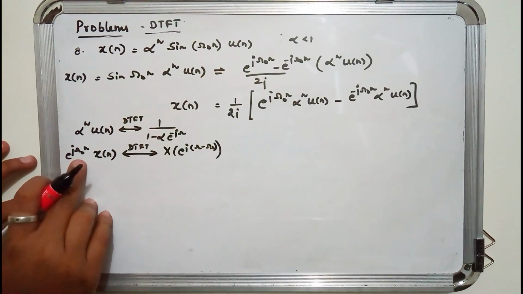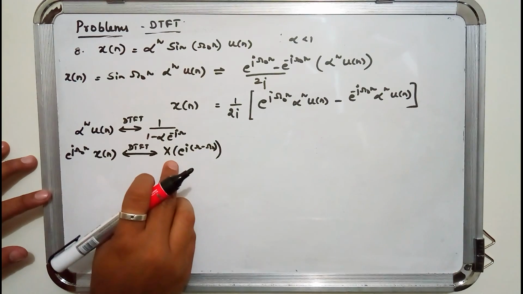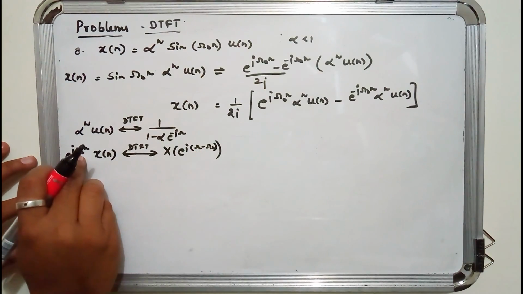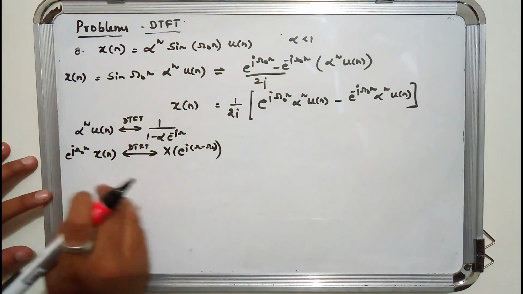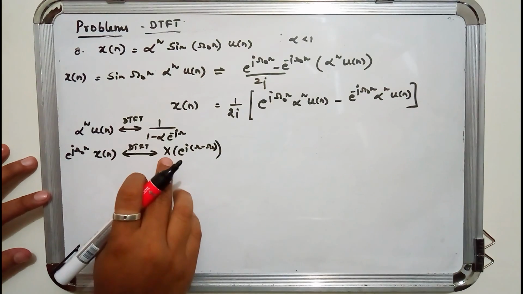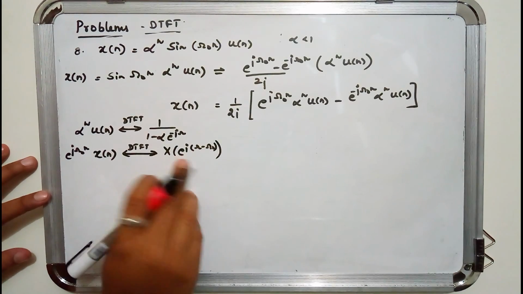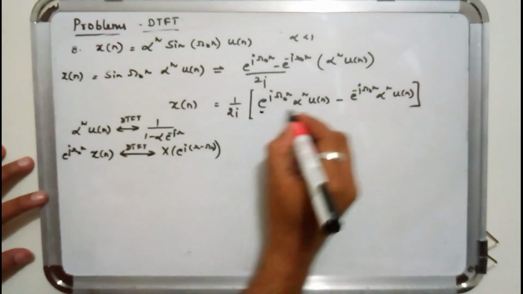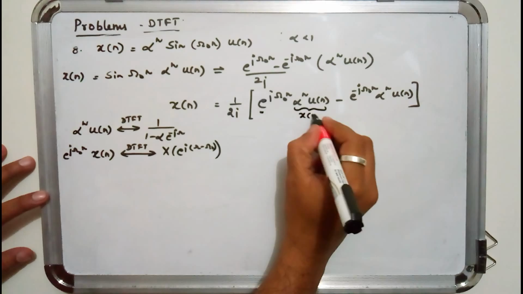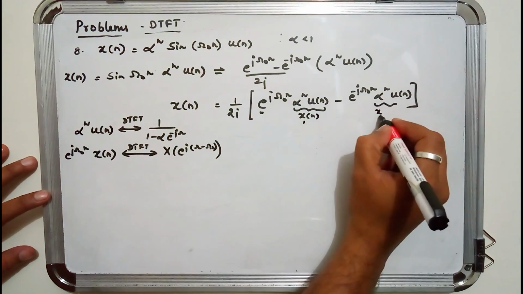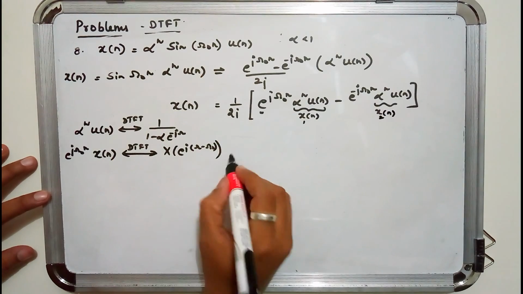So if there is an exponential multiplier to the input, the Fourier transform of it gets shifted by that exponential multiplier's omega term. So what we need to know is what is x of e power j omega, then shift it accordingly. So here this is the exponential multiplier and this is my x of n. This is exponential multiplier and this is my x. I can take x1 and x2 since x1 is present already here.